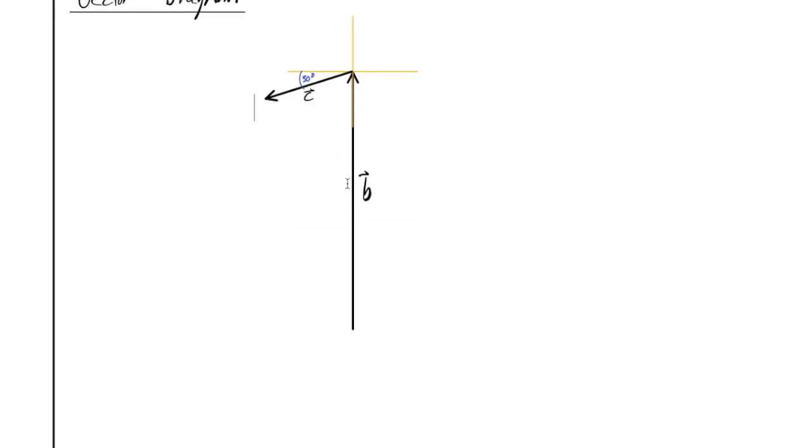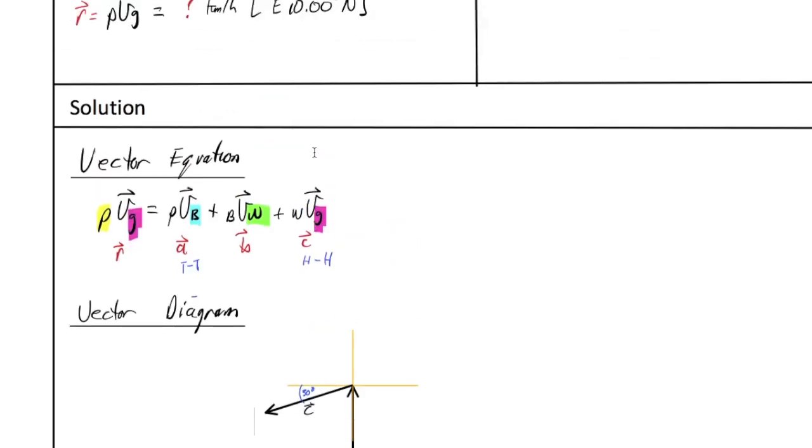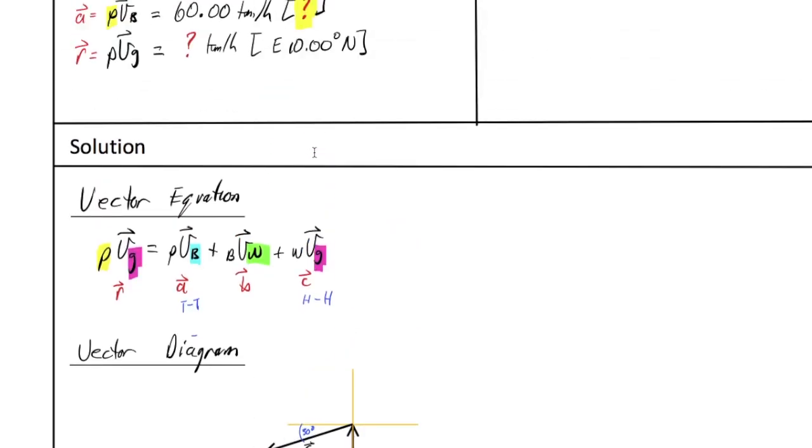So again, we start with the vectors that we know everything about. We know the direction and magnitude of vector B and vector C. The issue, of course, next is once we've plotted those two vectors, the next one is we go with the vector for which we know the direction, which is the resultant. But in this case, the resultant is east 10 degrees north.